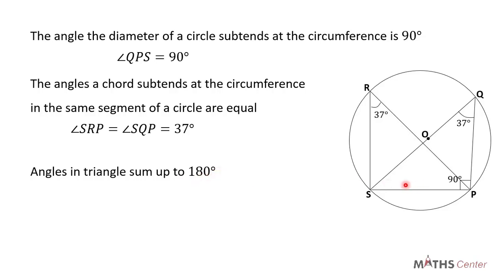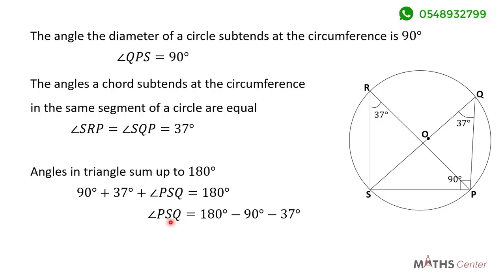So if we add these three angles together, we are going to get 180 degrees. So this means that 90 degrees plus 37 degrees plus the angle PSQ, which we are looking for, is equal to 180 degrees. Let's solve this equation for the value of angle PSQ.